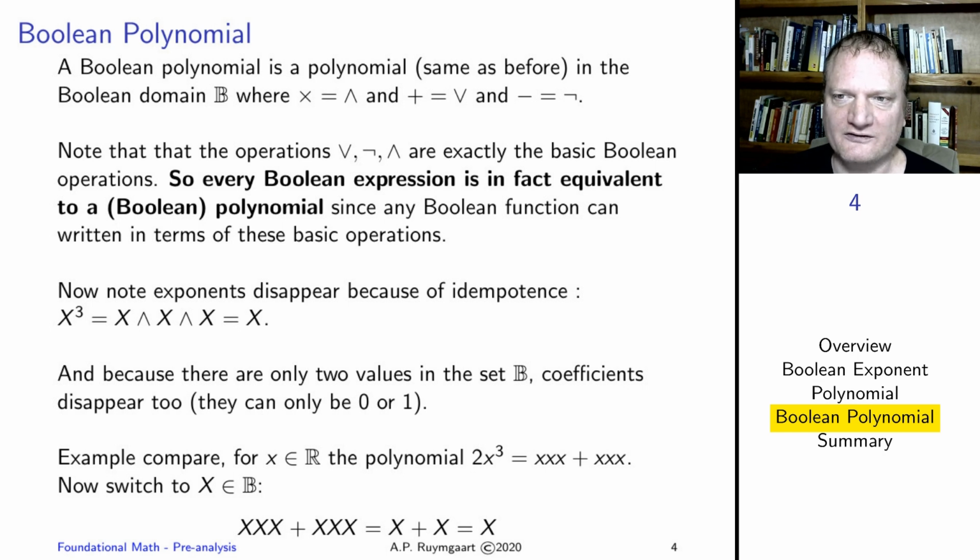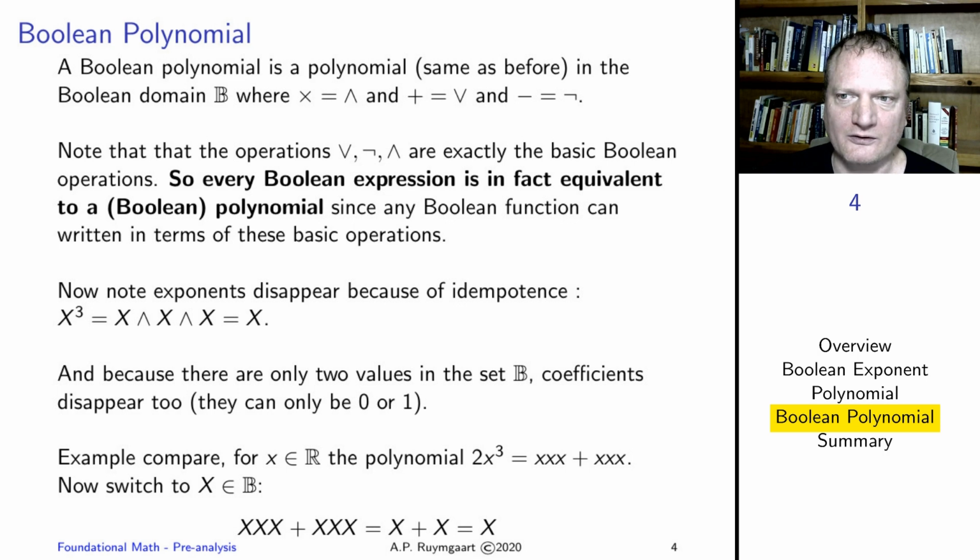So every expression on a Boolean domain is equivalent to a Boolean polynomial. Now, we also had that because of idempotence, positive whole number exponents disappear. So, for example, x to the power of 3, x cubed, is x and x and x, which because of idempotence equals just x.